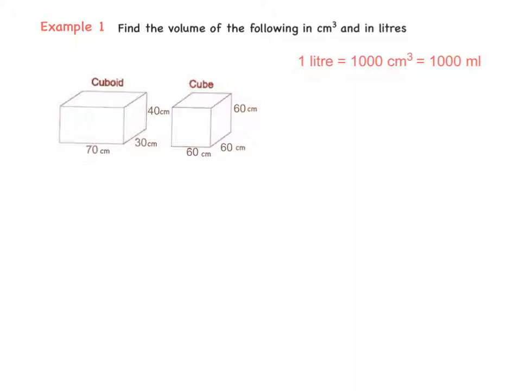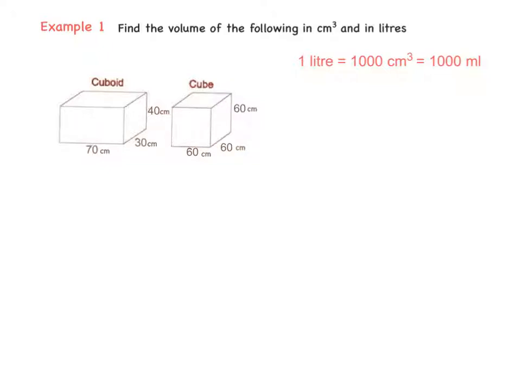So here we have the first example, and we need to find the volume of the following. We have a cube and a cuboid, and we need to find the volume in centimeters cubed and in liters. And as we said, we will be dealing with liters and liquids. We will be asked to find how many liters.